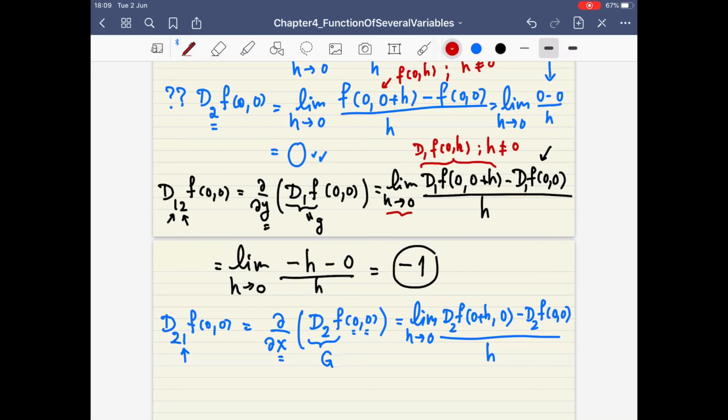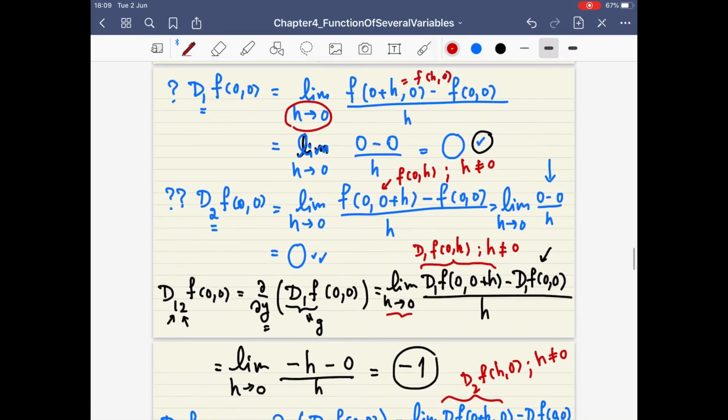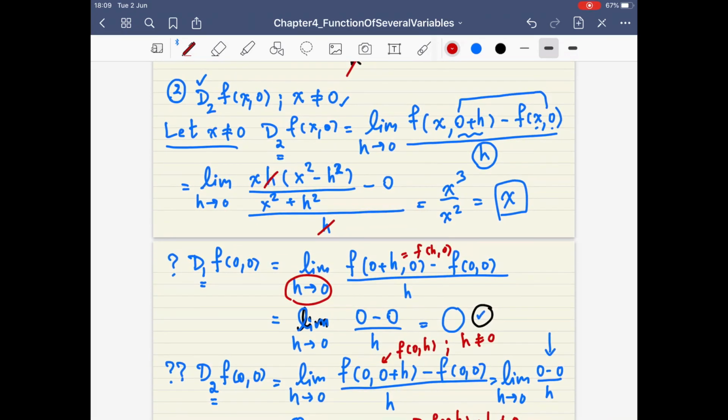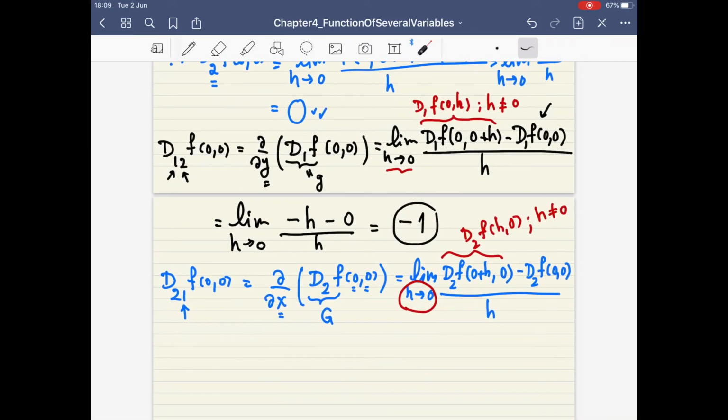Again this one is d2f at h 0, and your h is not 0. We already found it right here, d2f at x0, where your x is not 0, you got simply an x. But in this context you have d2f of h instead.